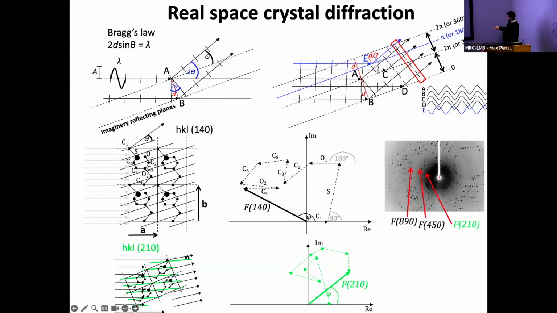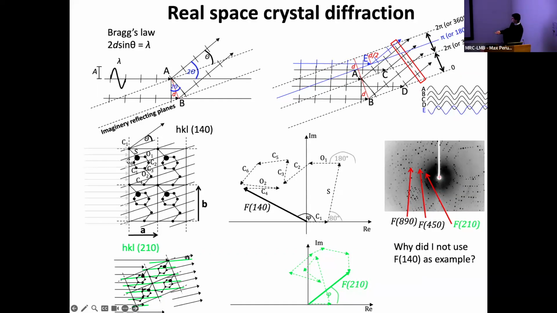For example, here we go, our F 2-1-0, which we know is going to be close to the detector because the D is very large. Here the D gets smaller, so they're going to go further. The higher resolution reflections go further from the detector. But you see there are different intensities, because you can have a longer one at low resolution and a shorter one at high resolution, or you could have a longer one at high resolution and a shorter one at low resolution, depending on how they're arranged.